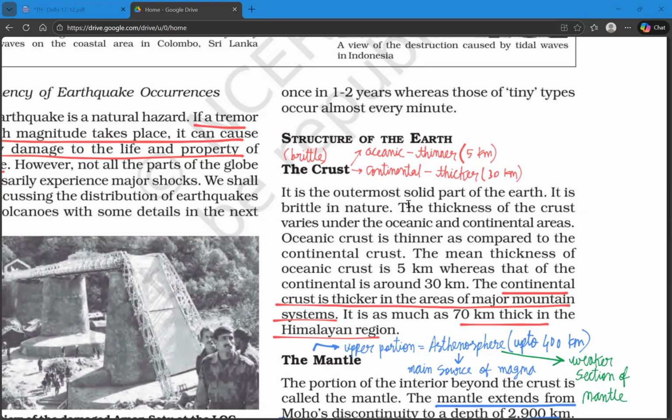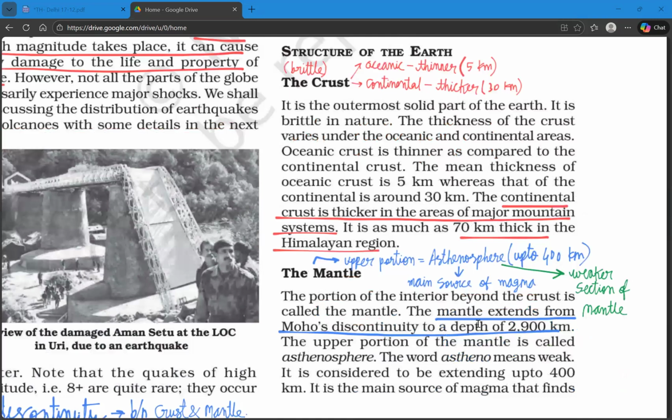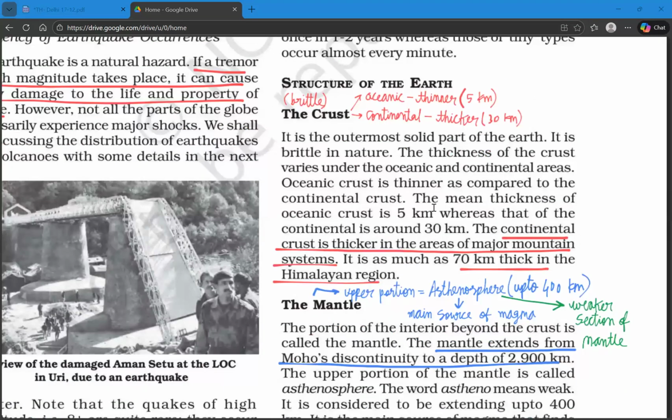So the continental crust is thicker than oceanic crust, where the average thickness is around 30 kilometers for continental crust, whereas for oceanic crust, it's just 5 kilometers. The continental crust is thicker in the areas of major mountain systems. It is as much as 70 kilometer thick in the Himalayan region. So this is the first outermost part that is called the crust.